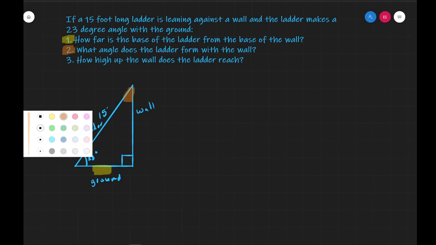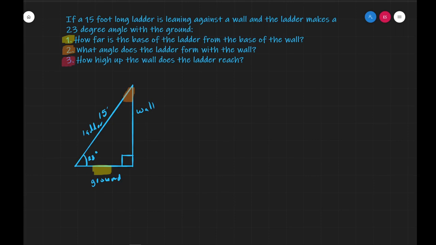And then question three, which is how high up the wall does the ladder reach? So we're trying to figure out how high this ladder reaches on the wall. Okay, so we have three questions we're trying to solve, so let's get cracking.